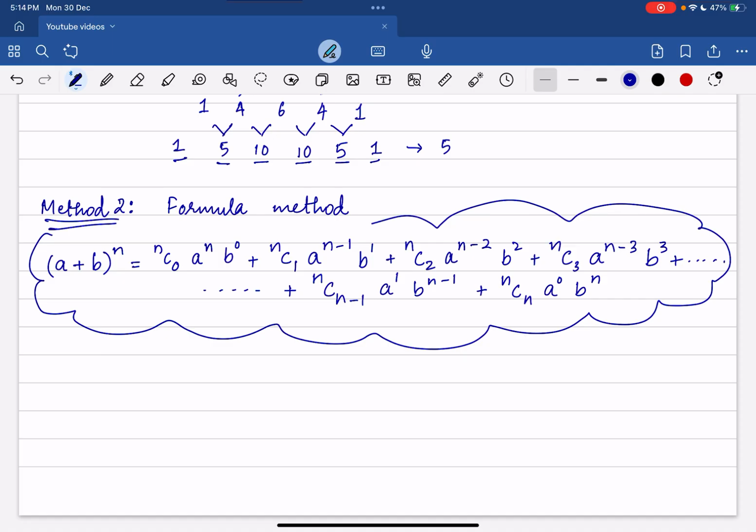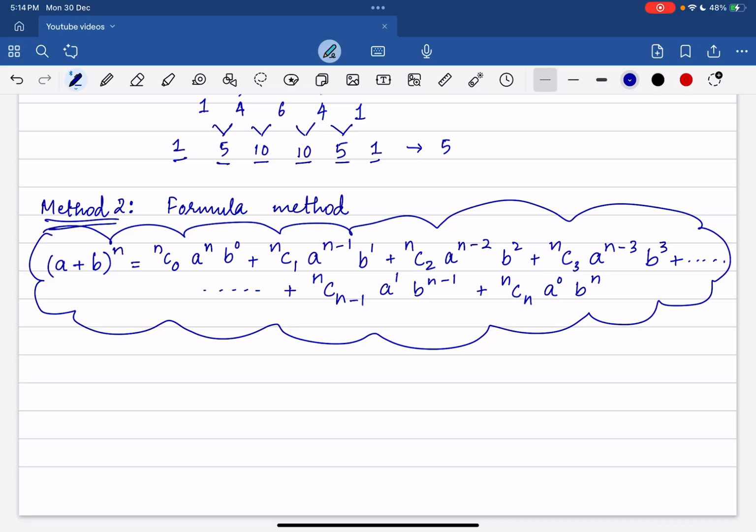If you observe that formula, you will notice that the power of a goes on decreasing until it reaches 0, and the power of b, starting from 0, goes on increasing until it reaches the maximum power, which is n.